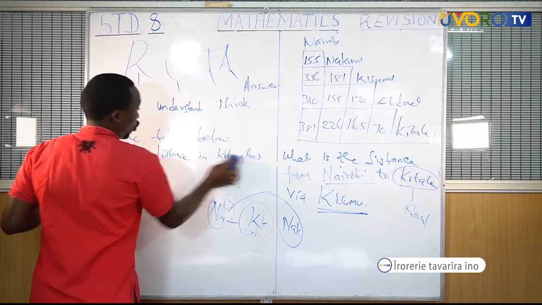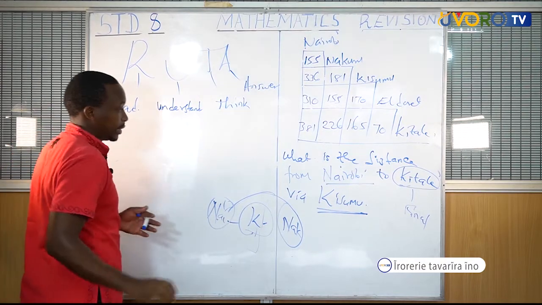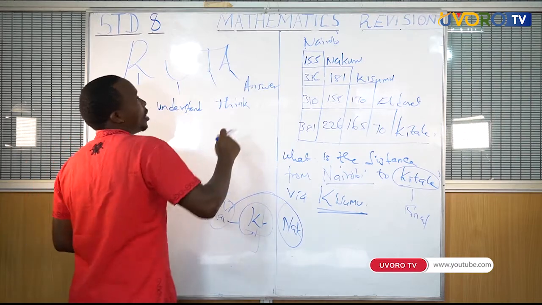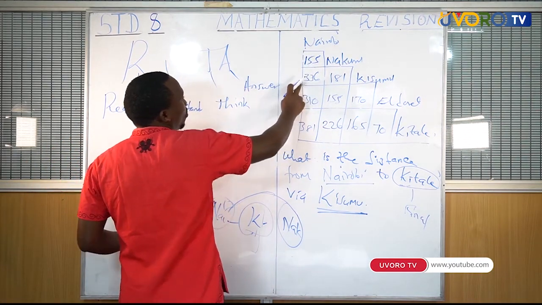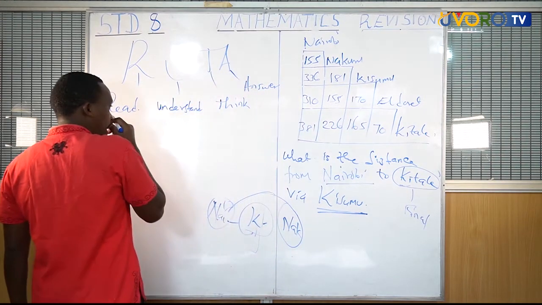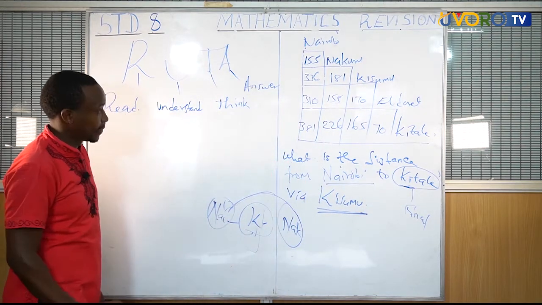Now, so it is Nairobi to Kisumu. Where is Kisumu? What is Nairobi to Kisumu? We are saying that the one that is here in the middle is the last.